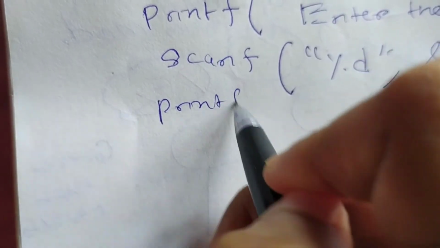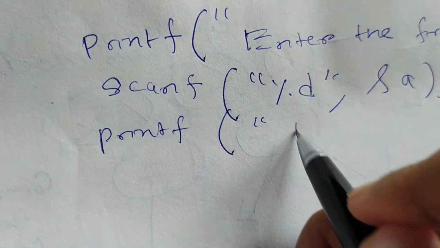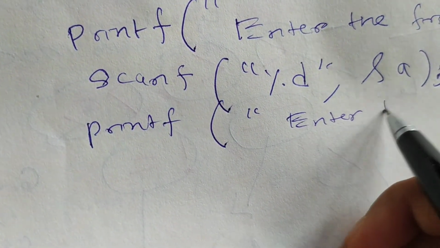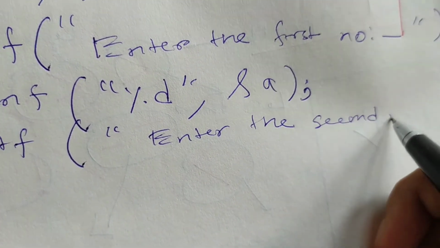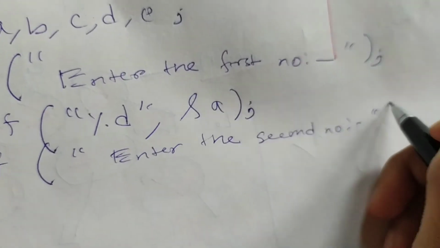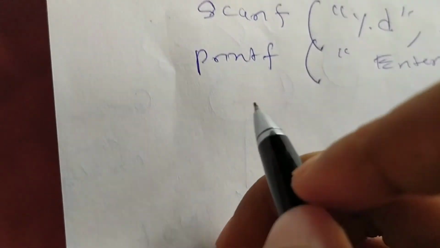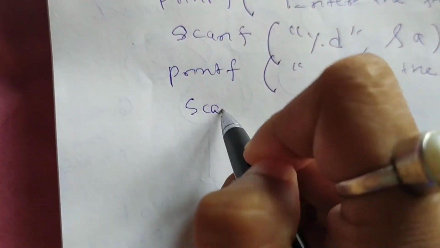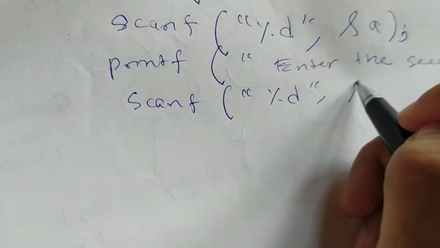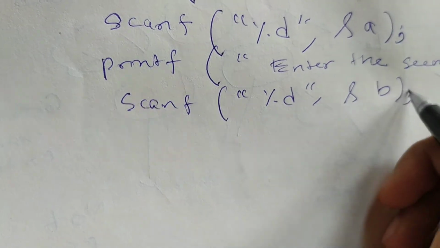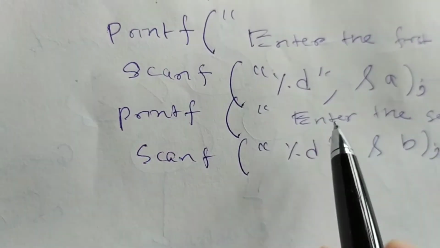Again I am printing for the second number, "Enter the second number", scanf %d and &b. Since this is an integer value, we are using %d.